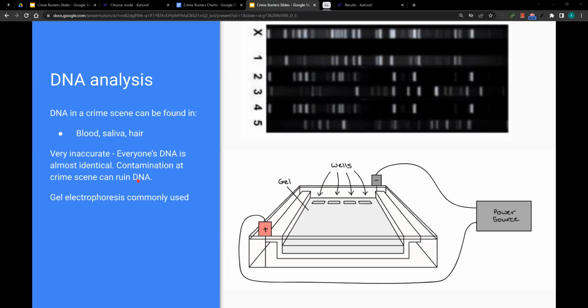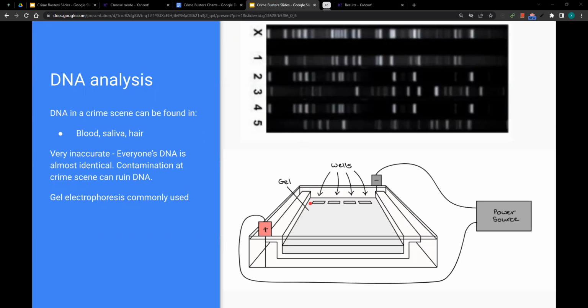And for DNA analysis, gel electrophoresis is commonly used. So here is the machine that is used to do it. You put different DNA evidence onto the wells, and then you run electricity through a gel, and basically the DNA will slowly start separating when the power source becomes active.